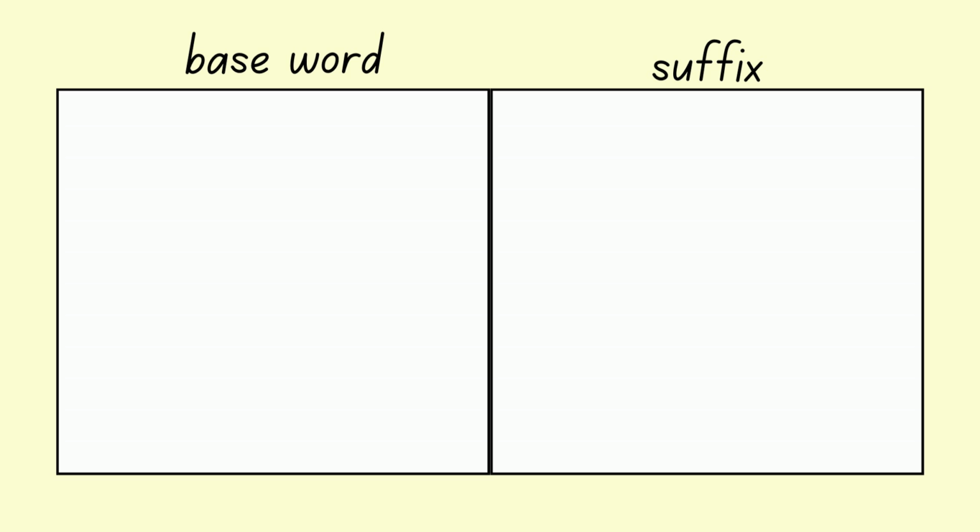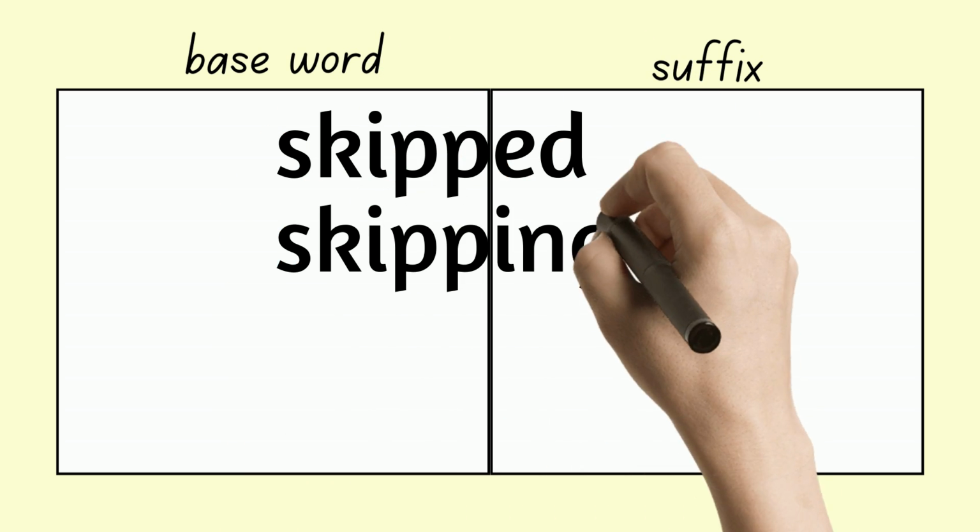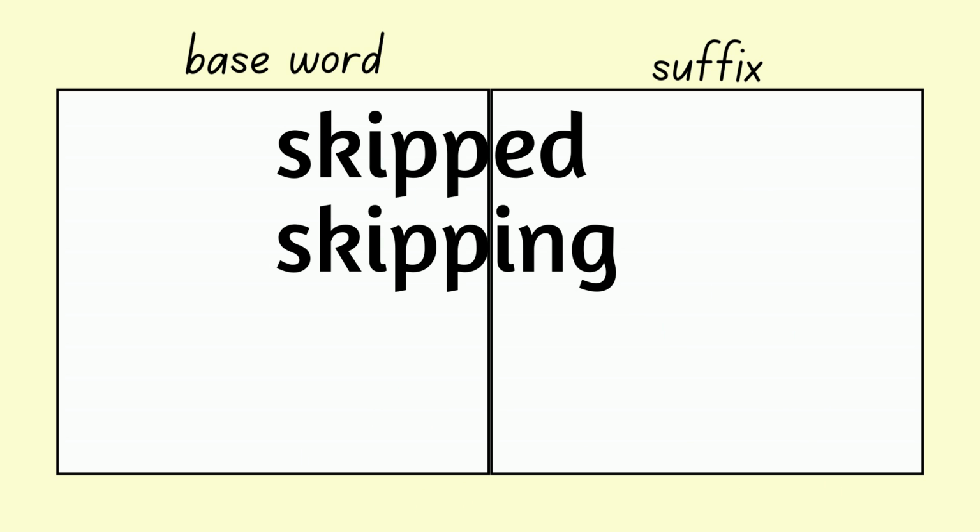To prevent a split digraph from forming, we'll need to double the final letter in skip to keep the i a short vowel. So the past tense will be skipped, present tense skipping, and our future tense will remain unchanged, skip.